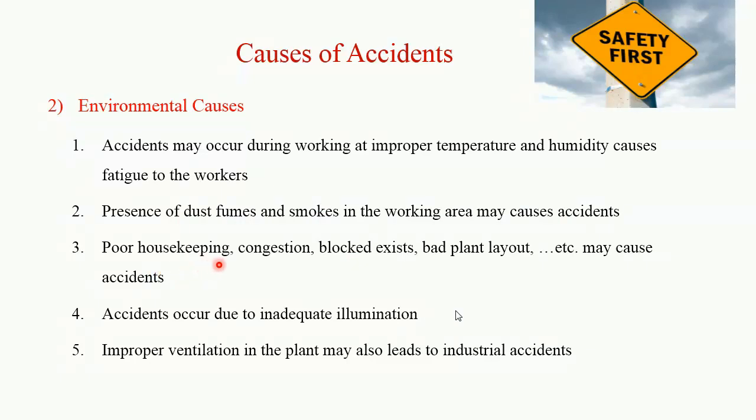Poor housekeeping, congestion, blocked exits, bad plant layout, etc. may cause accidents. Accidents occur due to inadequate illumination, and improper ventilation in the plant may also lead to industrial accidents.